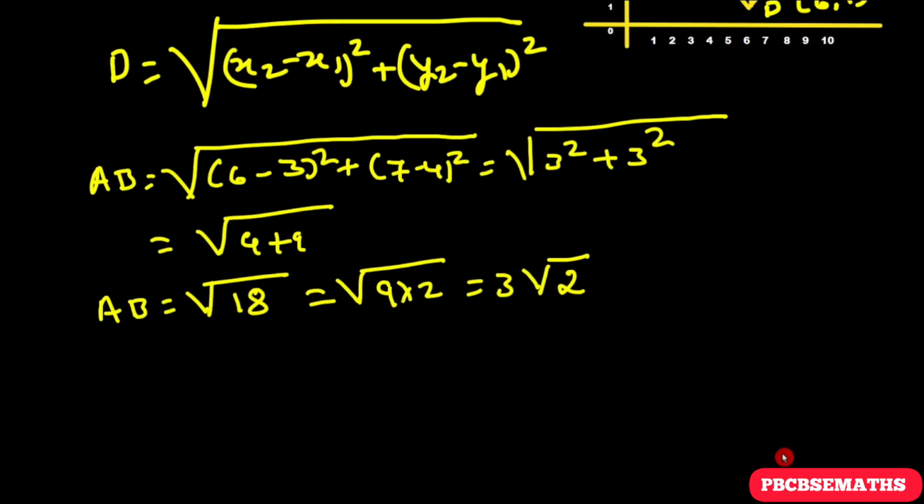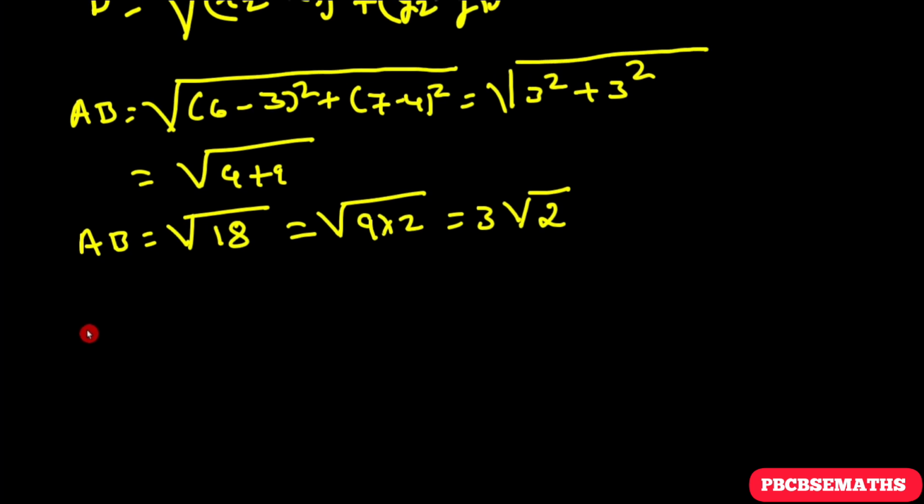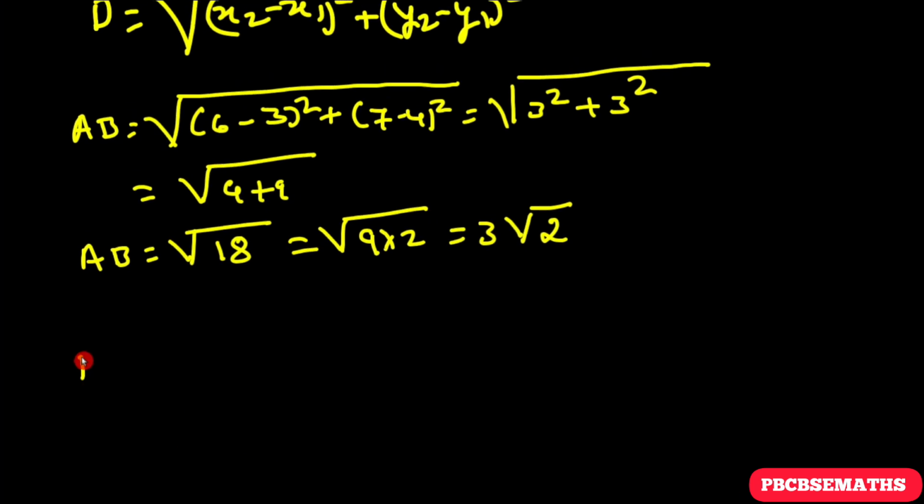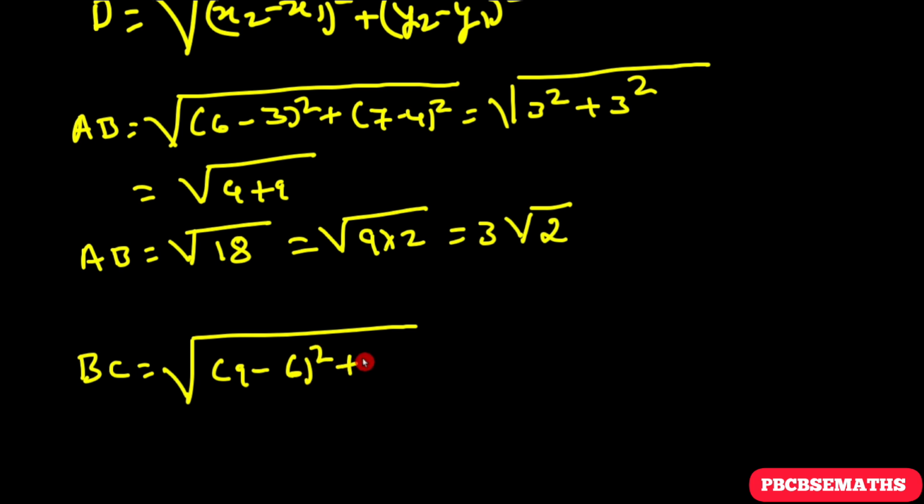Similarly, let's find the distance between B and C. So BC is equal to, considering the coordinates of B as x1, y1 and C as x2, y2, square root of (9 minus 6) whole square plus (4 minus 7) whole square.